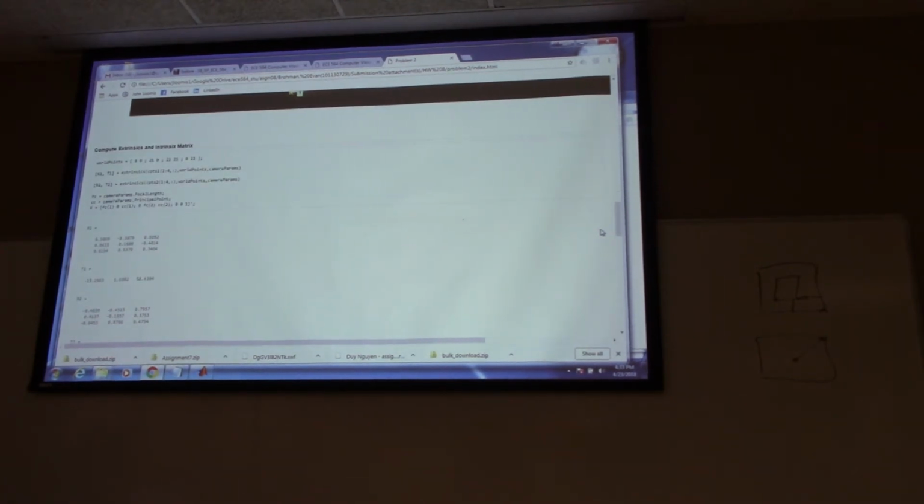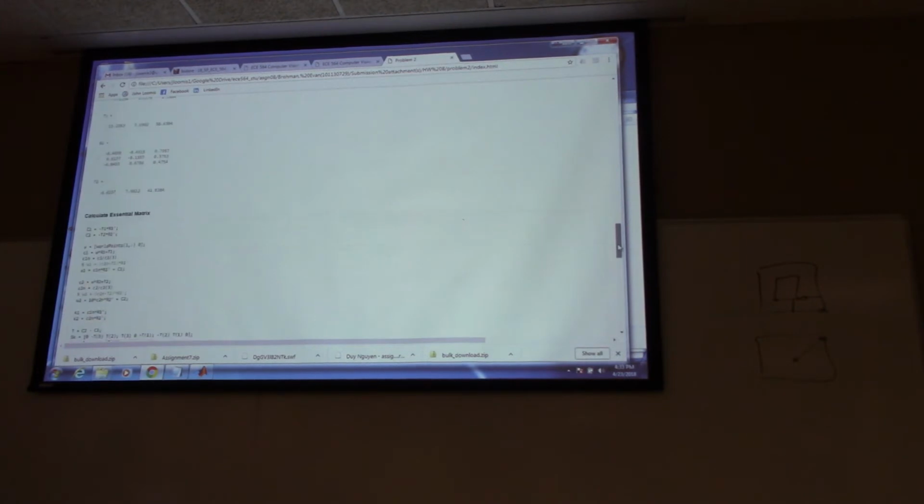Okay, so you selected some points, hopefully, that lie on the checkerboard, and you found their associated world points. From that, you got the extrinsics, and you did that for both images. And we had some formulas for calculating the essential matrix from the extrinsic matrix.